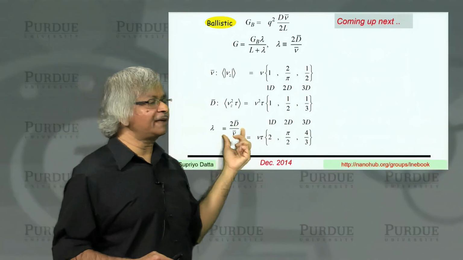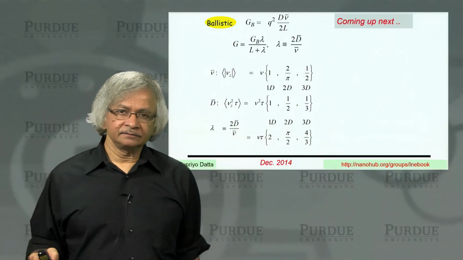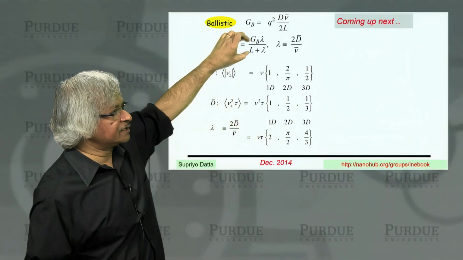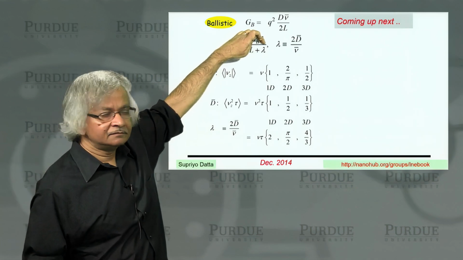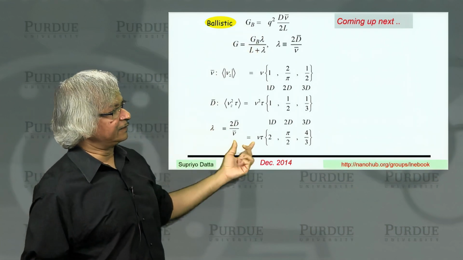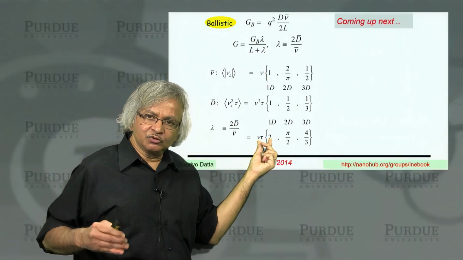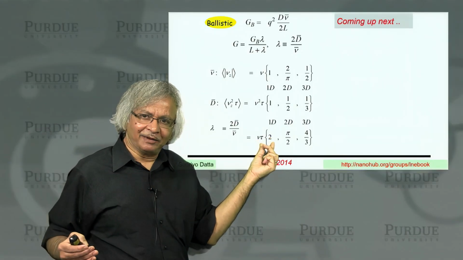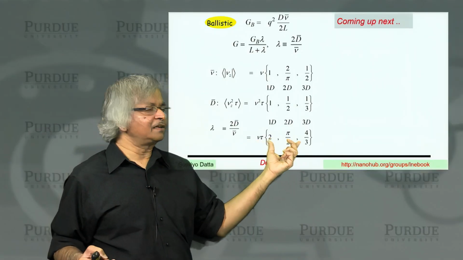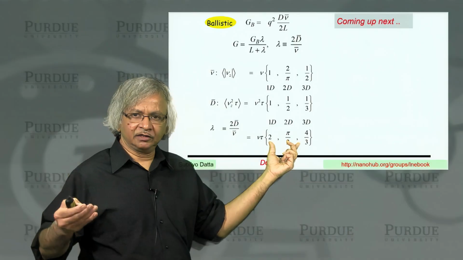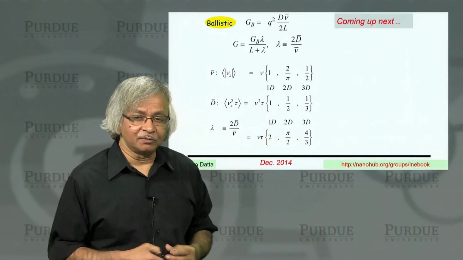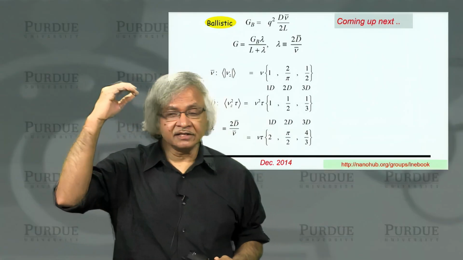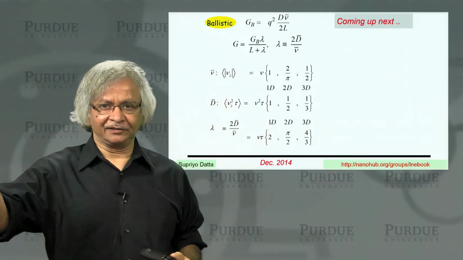So the mean free path, the way we have defined it, the one that leads to this simple expression as L plus lambda, that mean free path then is v times tau, which is what you normally might think as mean free path, but times a certain factor that depends on the dimensionality of your conductor. It's always bigger than 1. That's because what we're really talking about is this mean free path for backscattering.